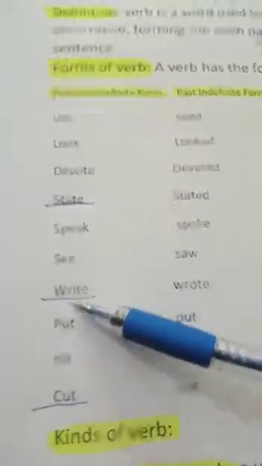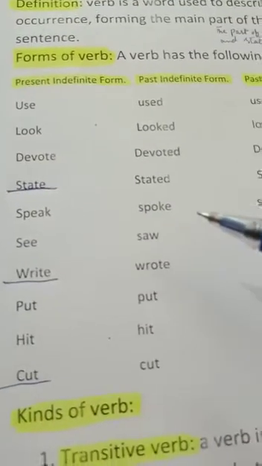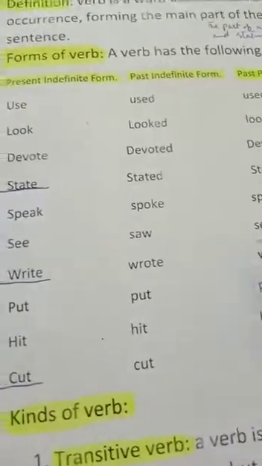These three verbs, speak, see, write, are of different nature and have a different pattern to develop their forms. For example, speak, spoke, and spoken; see, saw, seen; and write, wrote, and written. The next three verbs have the same present indefinite, past indefinite, and past participle forms.